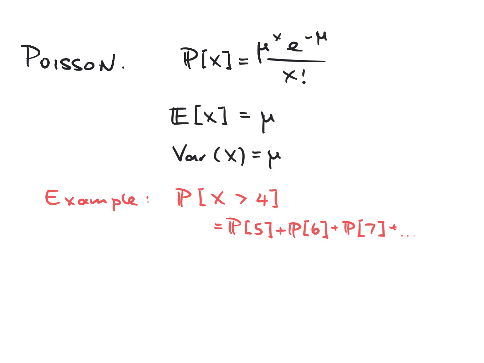The chance is tiny, tiny, tiny, but there is still a chance. So that technique, actually adding up all the values greater than 4, doesn't work.